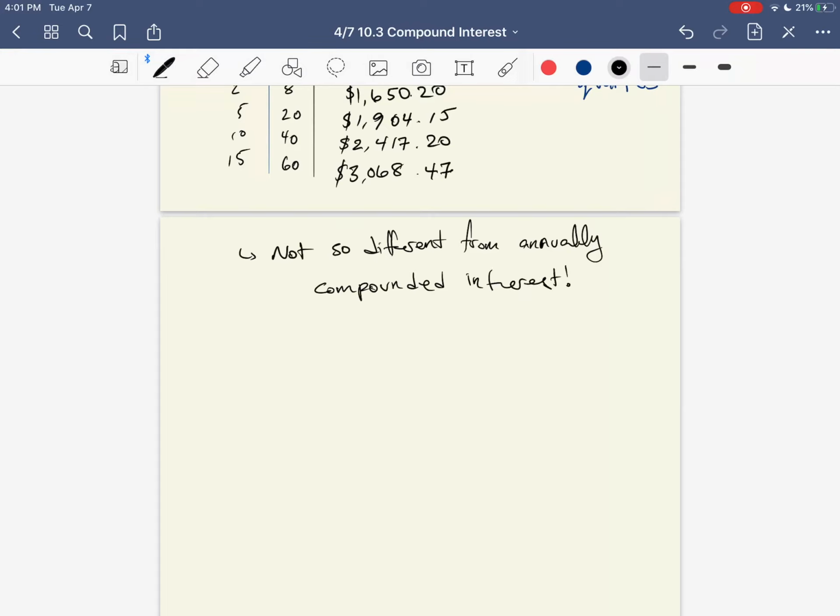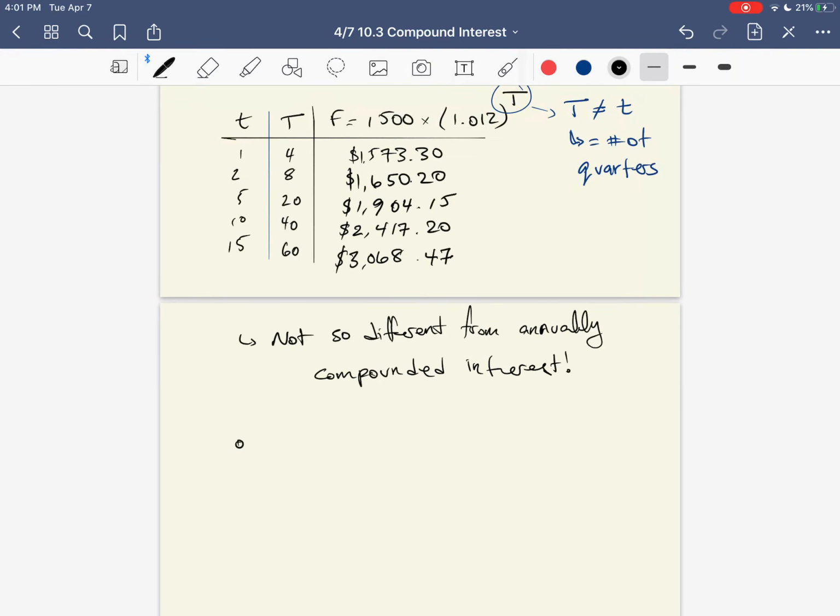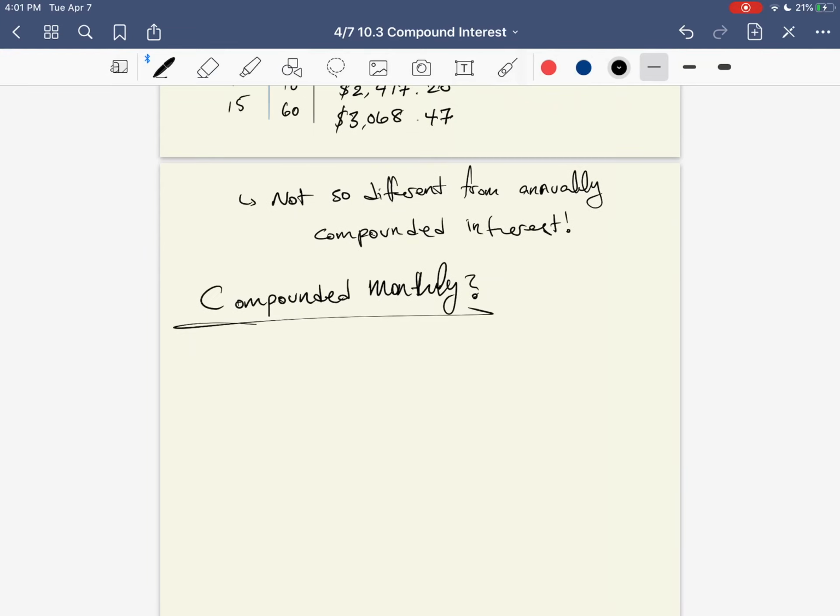And what if we were going to do 12 months, compounded monthly? So remember, before we divided our APR by 4. So now R is going to be our APR divided by 12 expressed as a decimal.